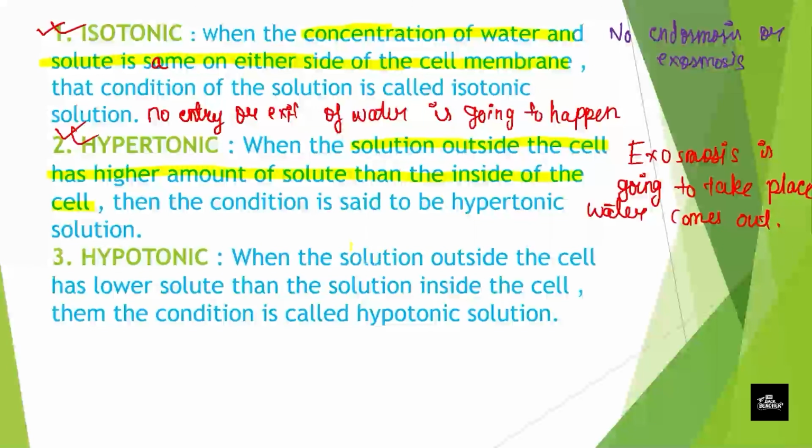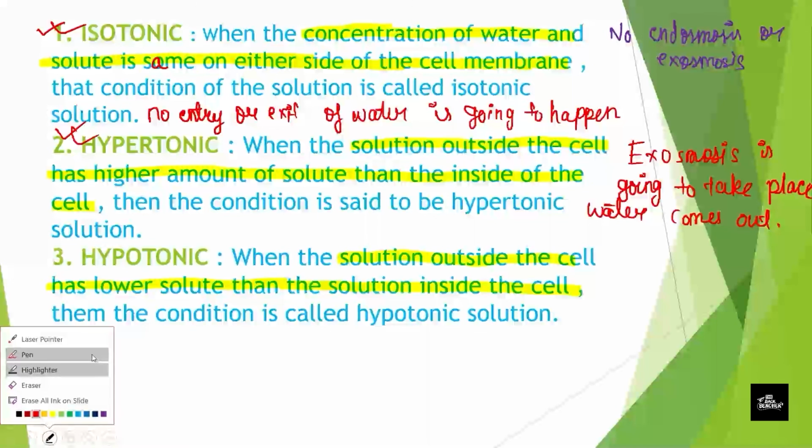I'll correct them out. I'm sorry for the mistakes. Hypo means less, hence less solute will be there. That is what is being said in the definition. That is all you need to know about all three types of solutions.